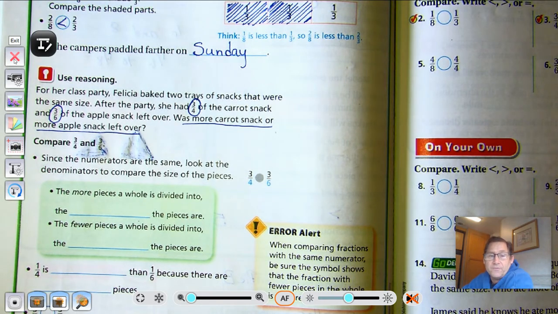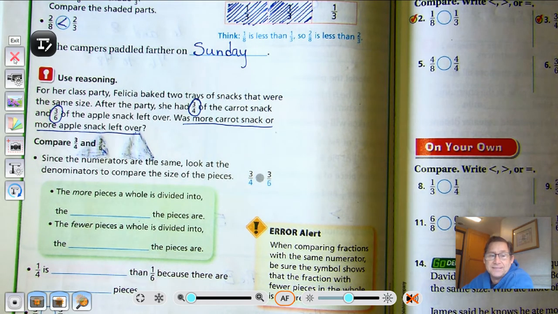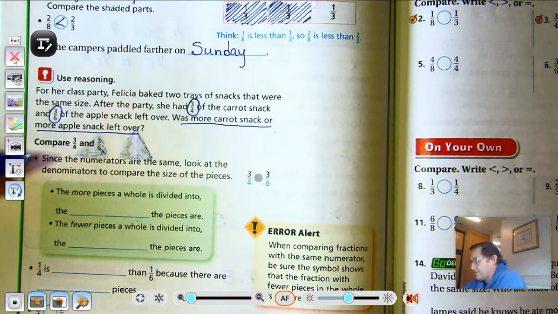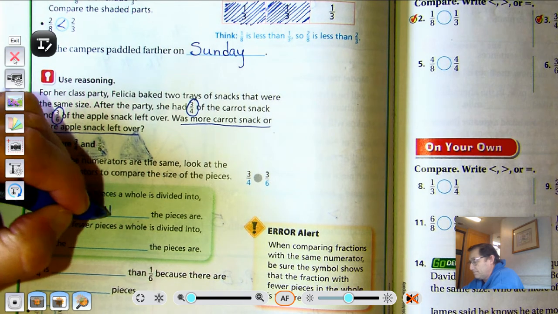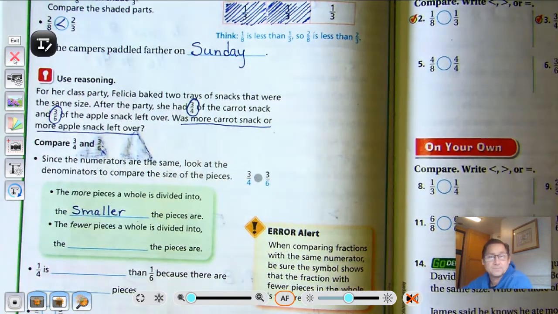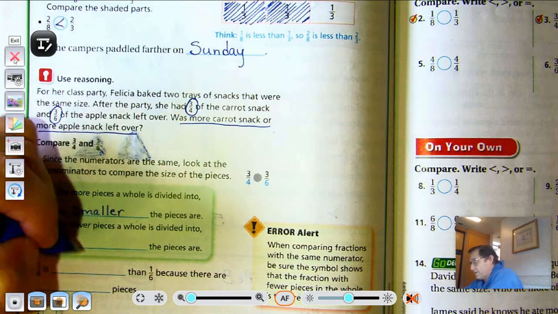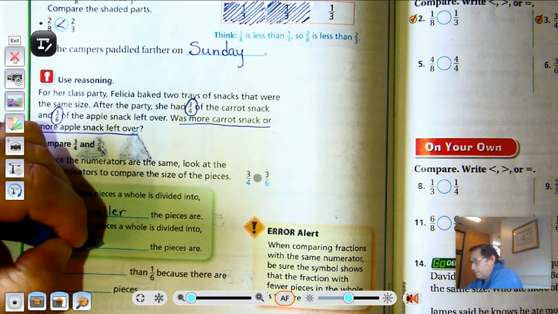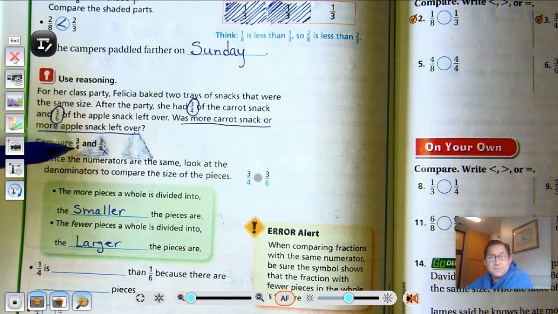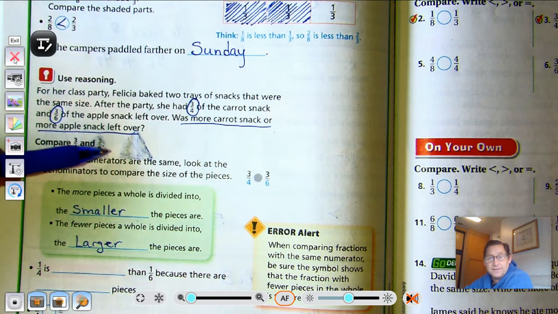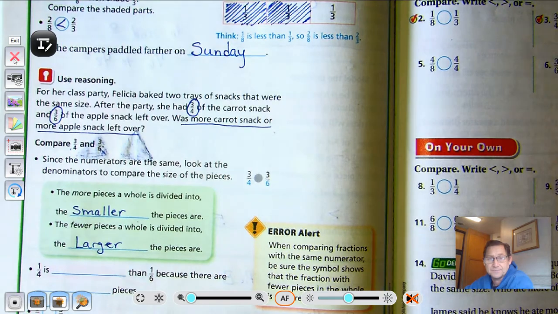Since the numerators are the same, look at the denominators to compare the size of the pieces. Again, the more pieces a whole is divided into, the smaller the pieces are. The fewer pieces a whole is divided into, the larger the pieces are. So in our situation here, the 4th size pieces are going to be larger than the 6th size pieces.